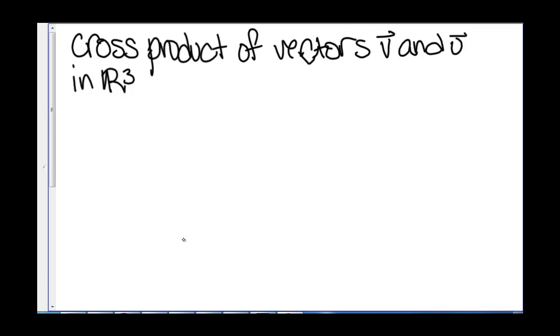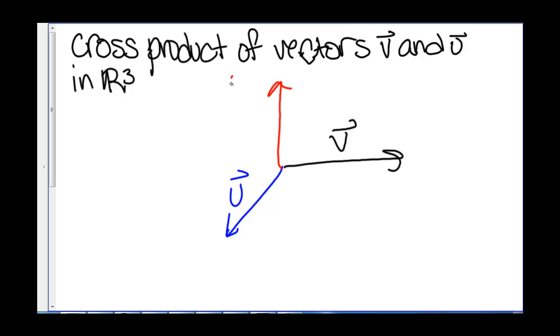So, the cross product of vectors v and u in R3. We have a vector v and a vector u. The cross product u cross v is the vector that is orthogonal to both u and v, and theta is the angle between u and v.